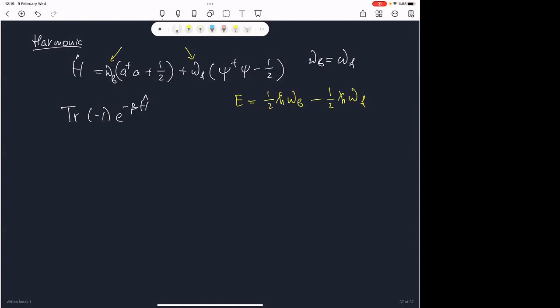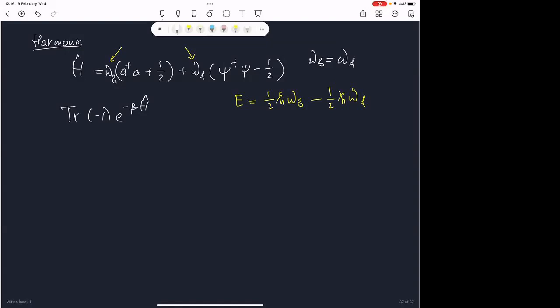So in order to get a supersymmetric harmonic oscillator, if you compute this trace, you can easily see that only when omega B equals omega F will you get a Witten index independent of beta. So in order to have a supersymmetric harmonic oscillator, you need to choose the same frequencies for fermions and for bosons.